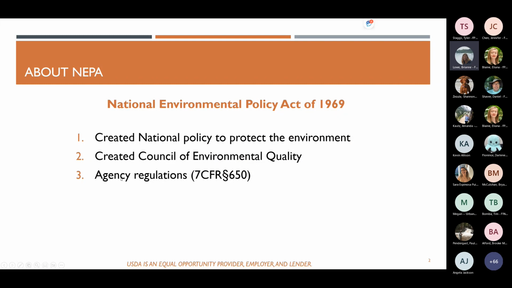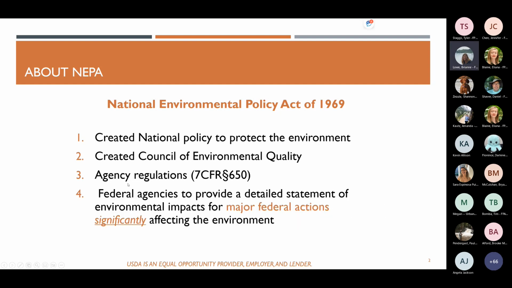Ultimately, this came about through the environmental movement of the late 60s and the 70s. Federal agencies are required to provide detailed statements of environmental impacts for all major federal actions that significantly affect the environment. And of course, we always sit there and go, well, what does that mean by federal actions?